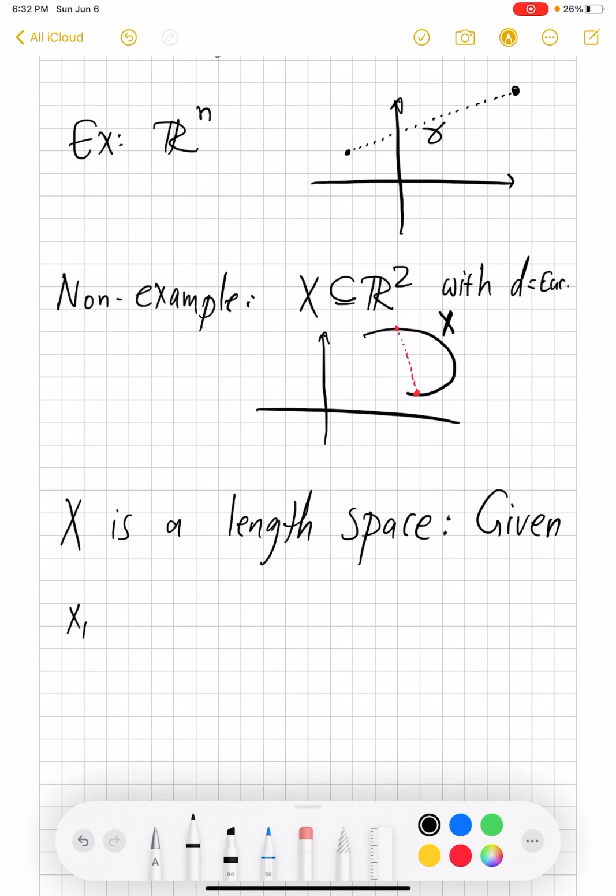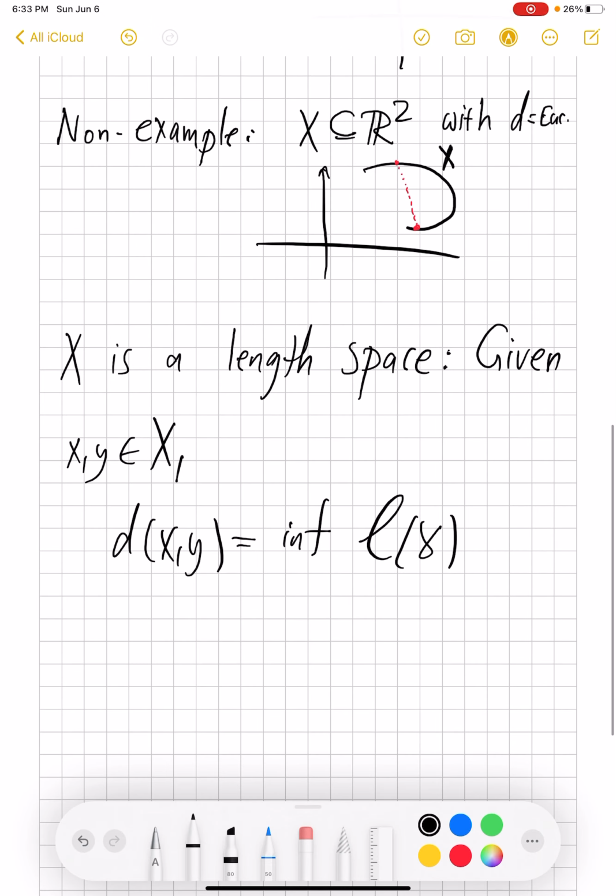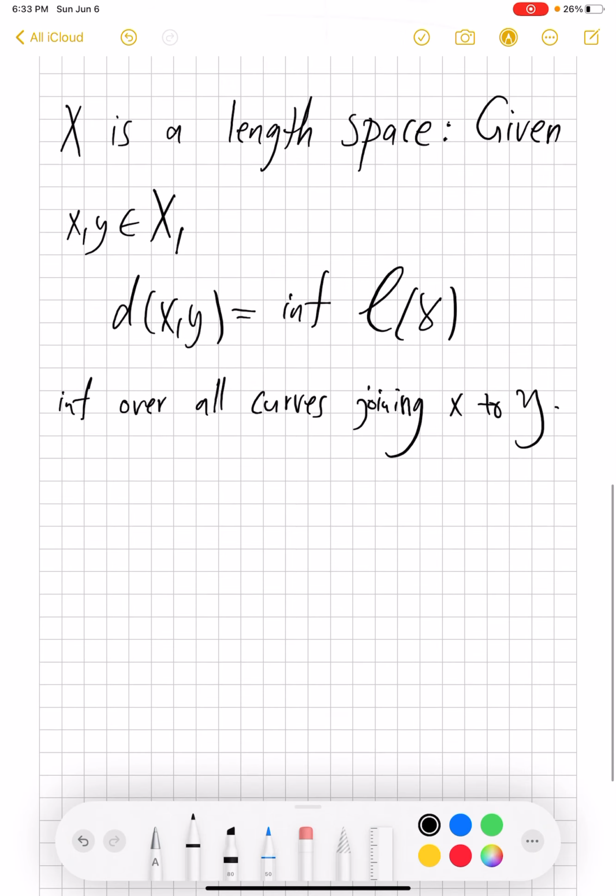Given any x, y in your metric space, the distance of x from y is the infimum of the length of curves that connect these two, so the infimum over all curves joining x to y.